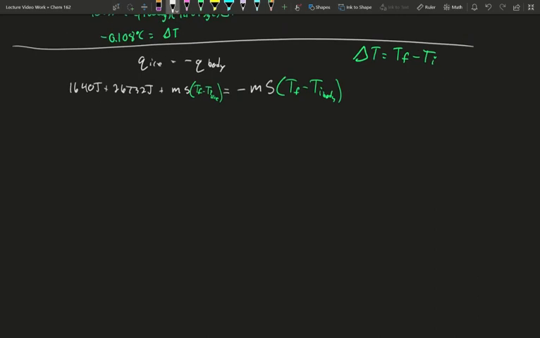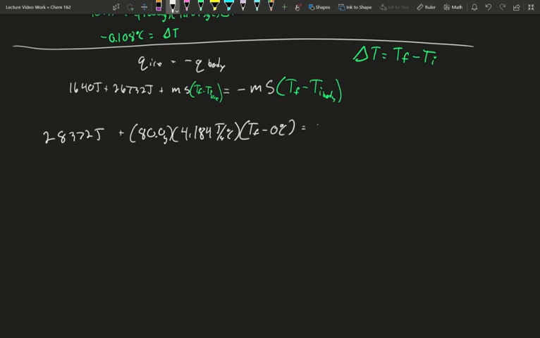If we want to plug in some numbers and distribute this out, 1640 plus 26,732, 28,372 joules already added from earlier. There's 80.0 grams for the ice, 4.184 joules per gram degrees Celsius, temp final minus 0 degrees Celsius.